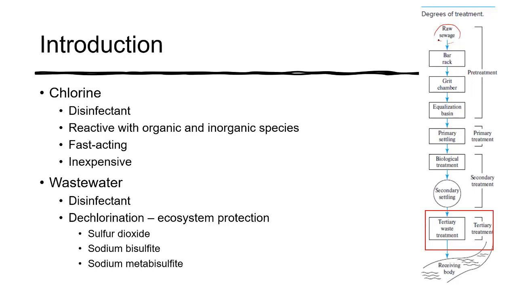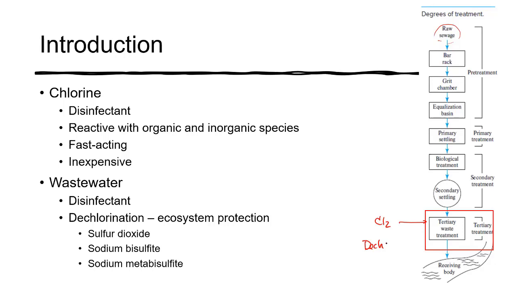And then from there into a biological treatment system with secondary settling. And then what we're focused on is the advanced treatment. So what we're really focused on is here, where often what we have is the addition of chlorine, but at the same time, we don't want to release that chlorine into the receiving body of water.